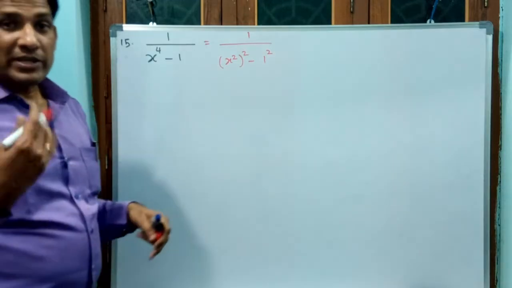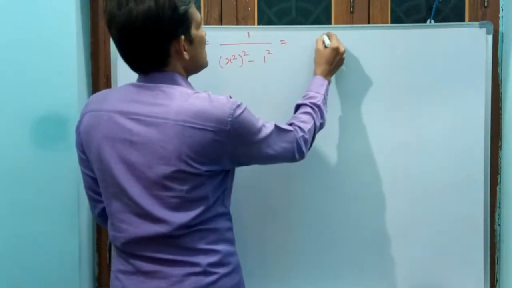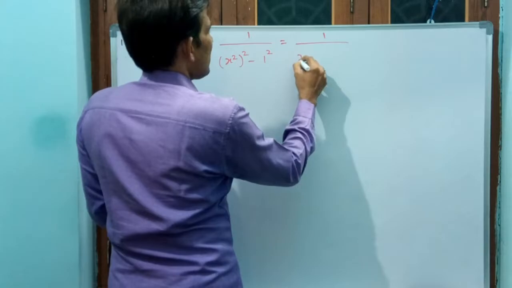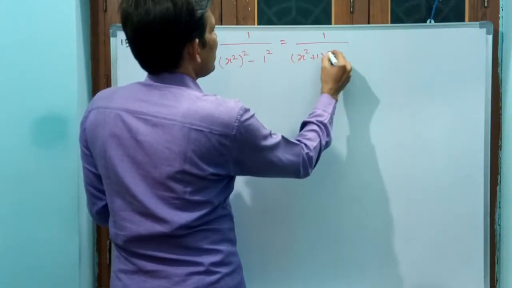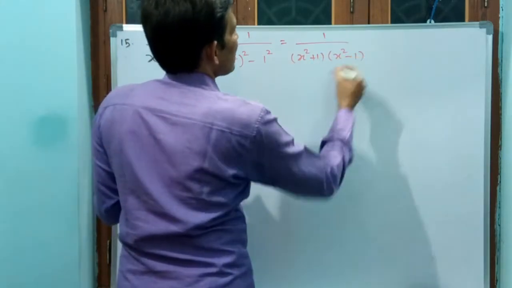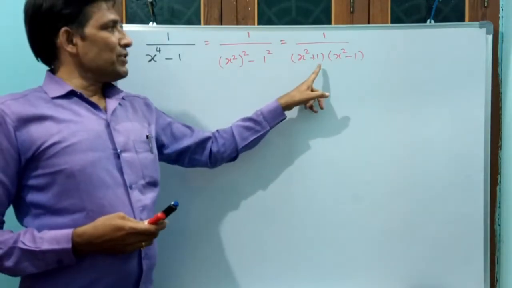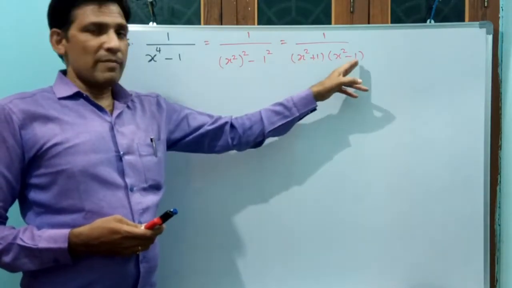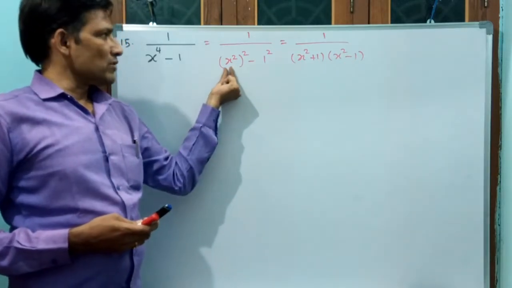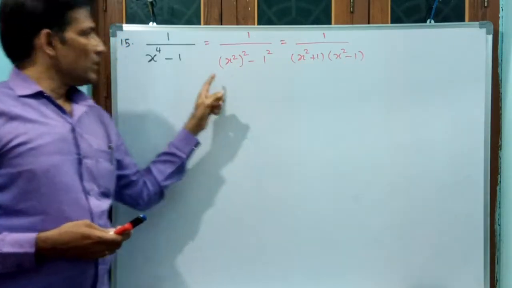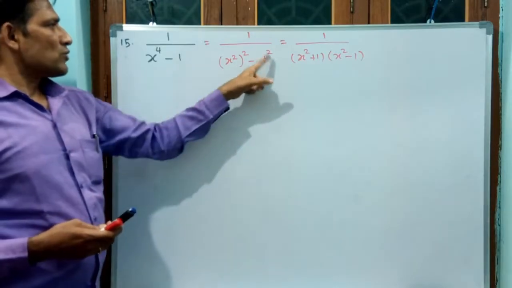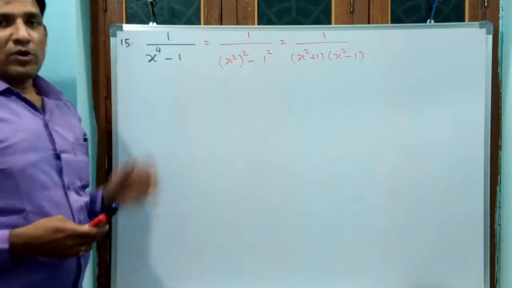A square minus b square means a plus b into a minus b. That is equal to 1 by x square plus 1 into x square minus 1. Now imagine a is x square, b is 1. A plus b into a minus b is a square minus b square, x square whole square minus 1 square. X square whole square is x to the power of 4, and 1 square is 1 only. Like this we have split it.